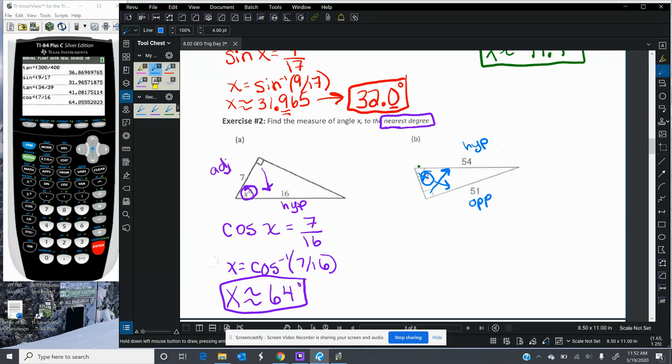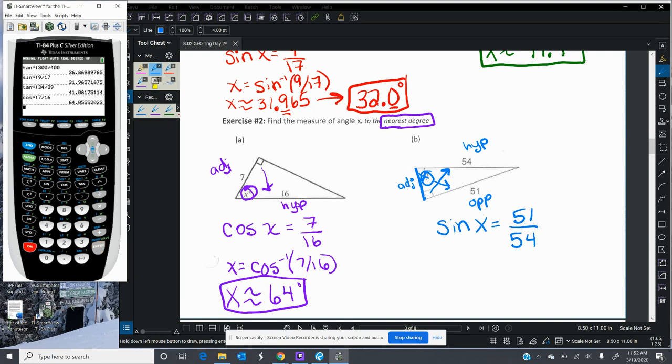So opposite, hypotenuse, we're missing the adjacent. Some of you might prefer to label the adjacent every time. Maybe that's an easier way to find the adjacent and the hypotenuse. The leftover piece would be your opposite. So here we have sine of angle X equals the opposite 51 over hypotenuse 54.